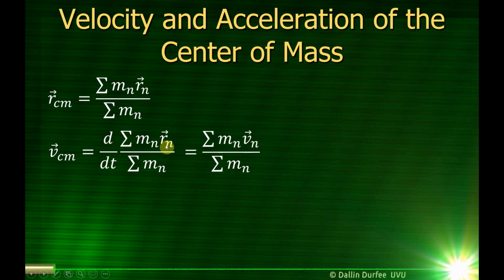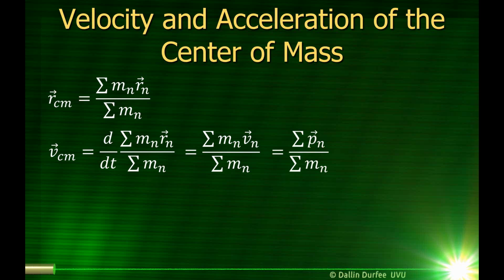We just take the derivative of position to get velocity. Well, mass times velocity, that's momentum. So the velocity of the center of mass is just the sum of the momenta of all of the particles divided by the sum of the masses. Well, guess what? Momentum is conserved.